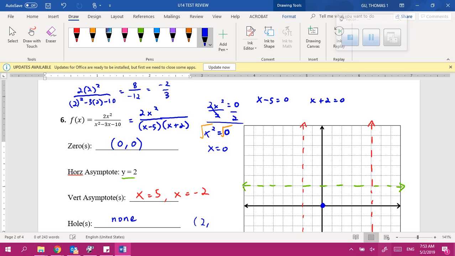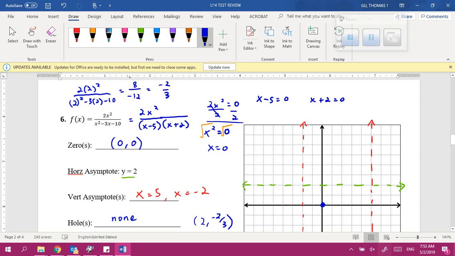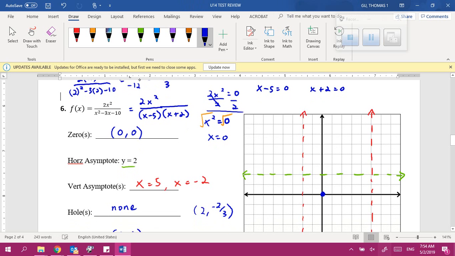So that means when I plug in 2, right here, you see at the bottom? I plug in 2, my y value ends up being what? Negative 2/3. That was the whole point of solving that, right? So that means here's a point: 2 comma negative 2/3, which would be about right here.